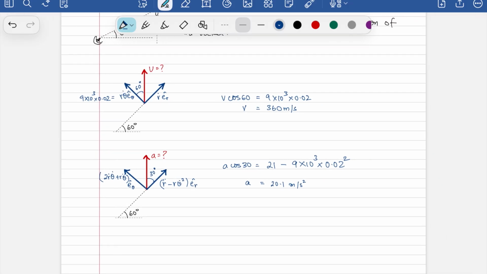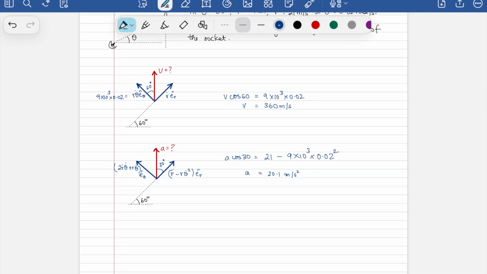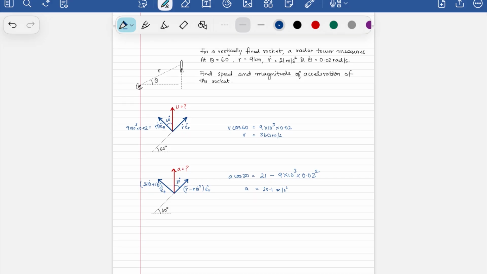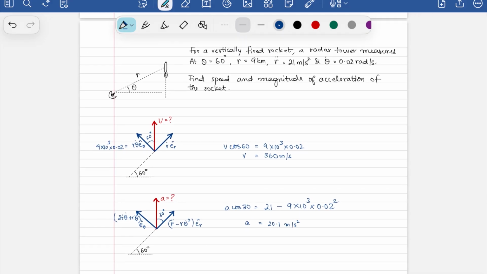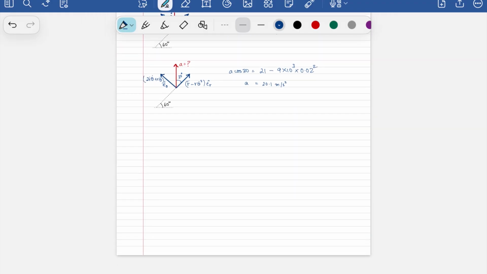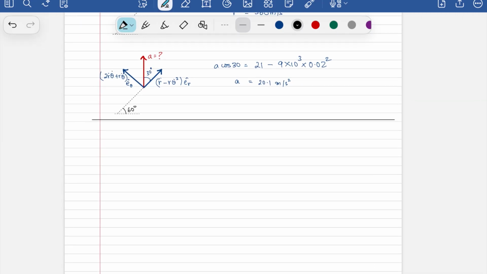Okay, I hope this makes sense. Let's do a similar problem, except we're going to make use of some more clues in a very similar problem. So now the next problem, and of course you can pause the video to evaluate whether you've actually got this or not.